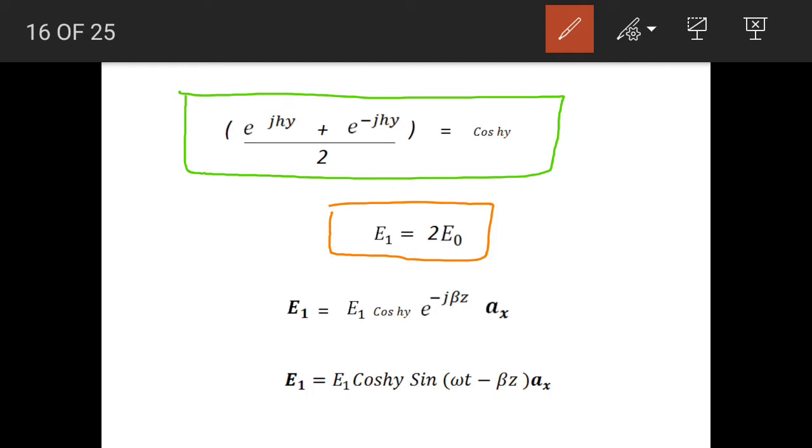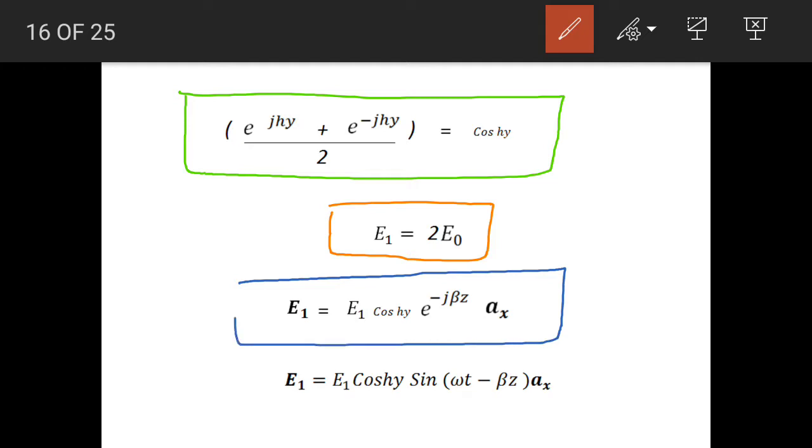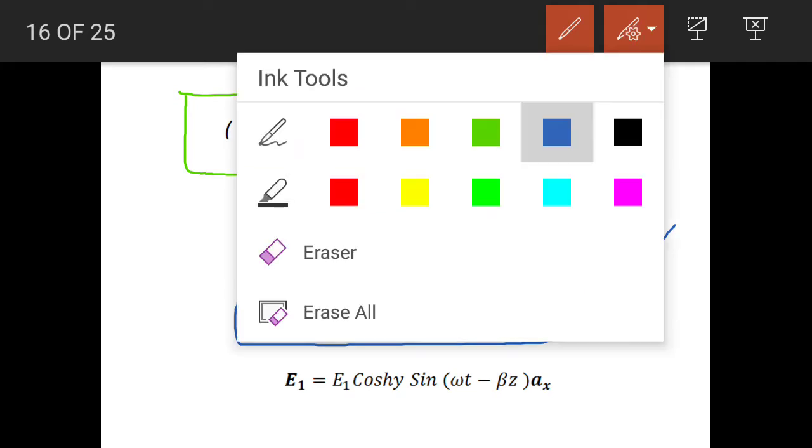So you see the total electric field intensity of the light ray in the central layer of the symmetrical slab waveguide will be equal to E1 into cos of hy into e raised to power minus j beta z ax. So this is the phasor value of the electric field intensity of the light ray in the film of the symmetrical slab waveguide.